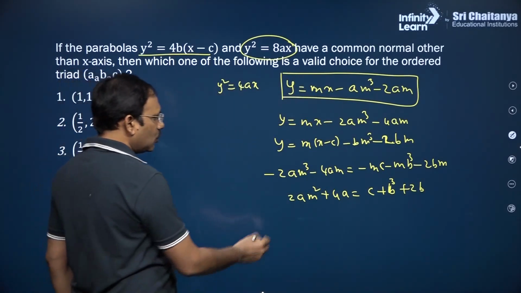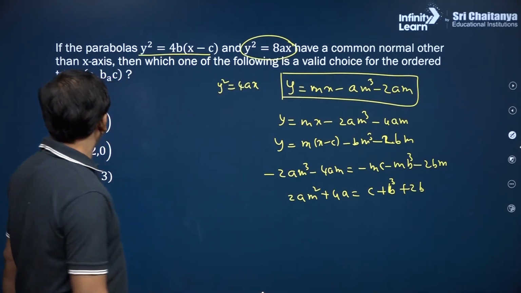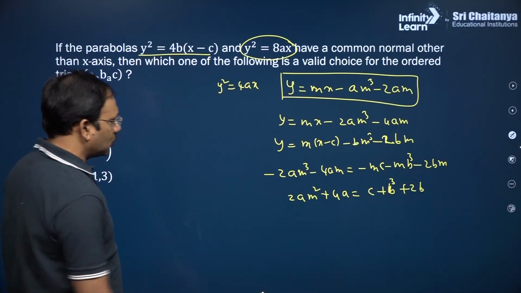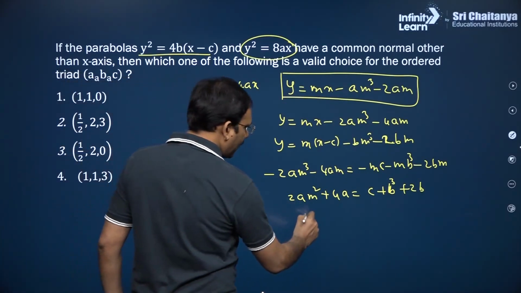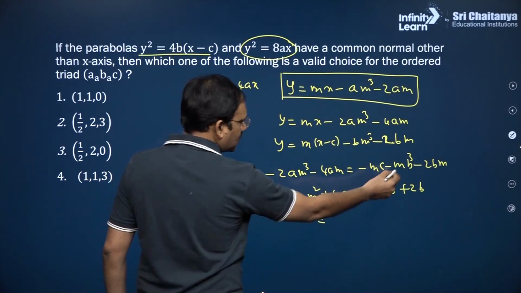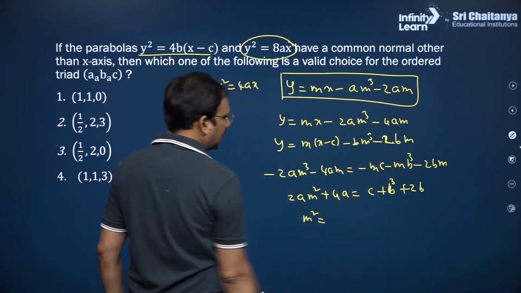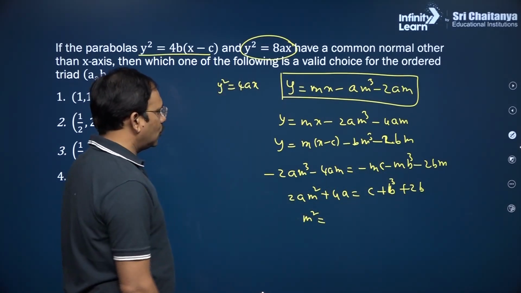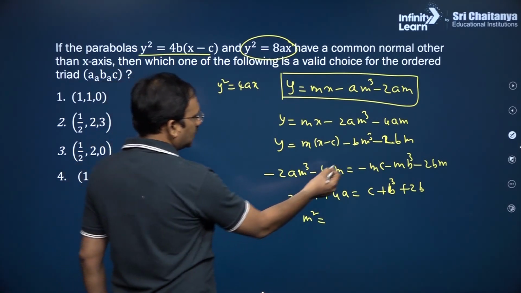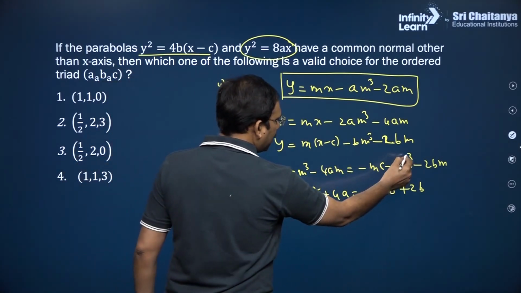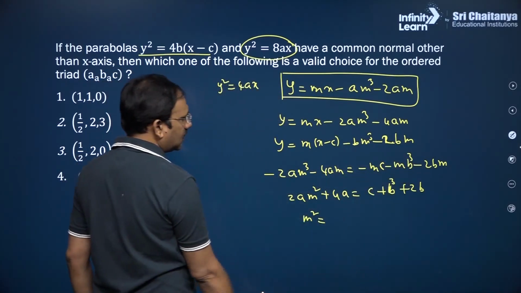So my dear friends, you will get a condition from this in terms of a, b, c. So you will get m square value from this, with m cancelled.